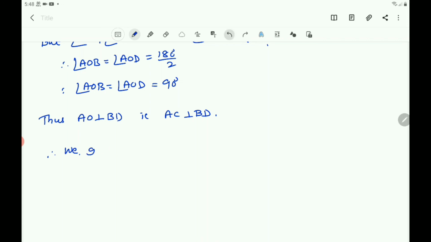Hence AC equals BD, and also we got OA equals OC, OB equals OD, and AC perpendicular to BD.